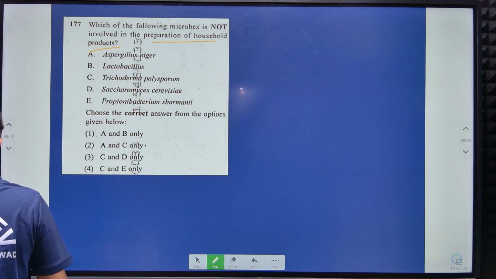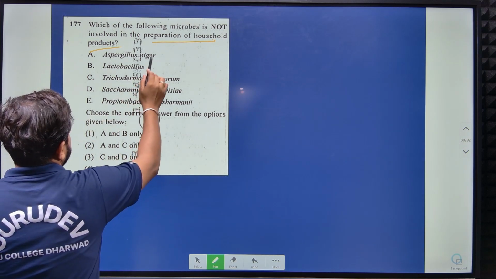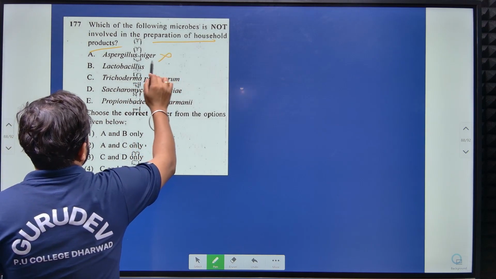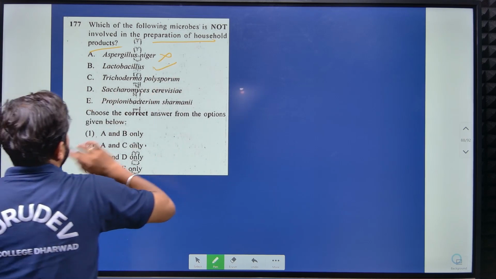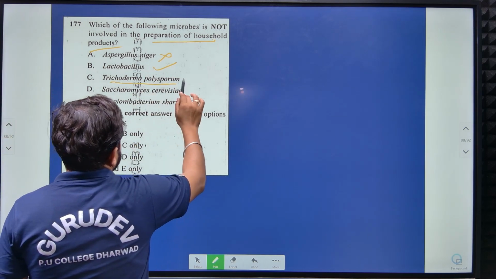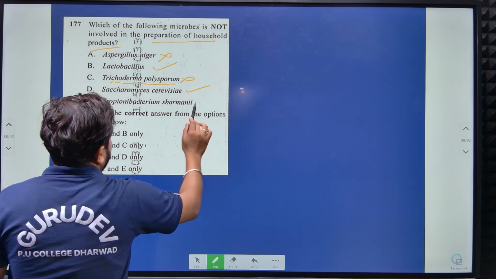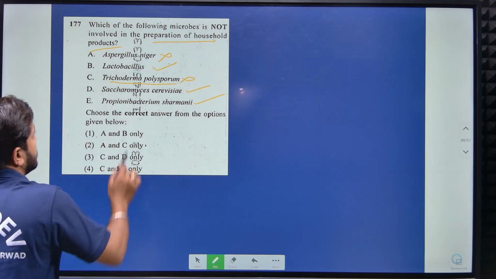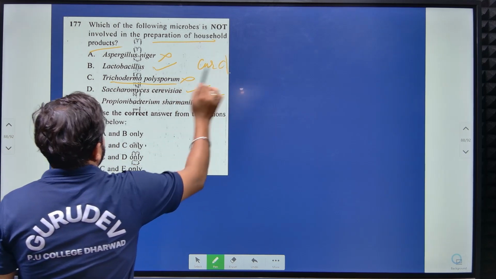Next, which of the following microbes is not involved in the preparation of household products? Aspergillus niger, no, it is not, right? The Lactobacillus, yes, it is used in household products. Then consider Trichoderma polysporum, this is not used. Saccharomyces cerevisiae is used, Propionibacterium shermanii is used, because Lactobacillus is used to prepare curd, right?